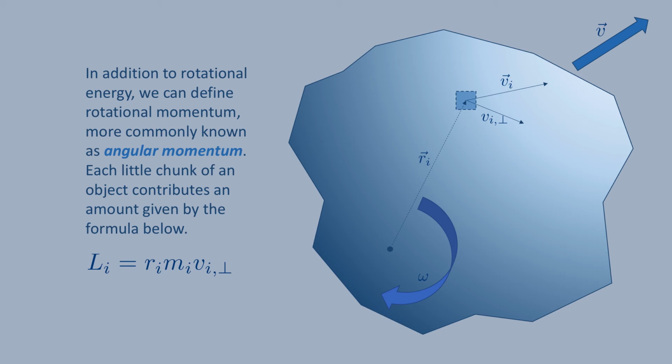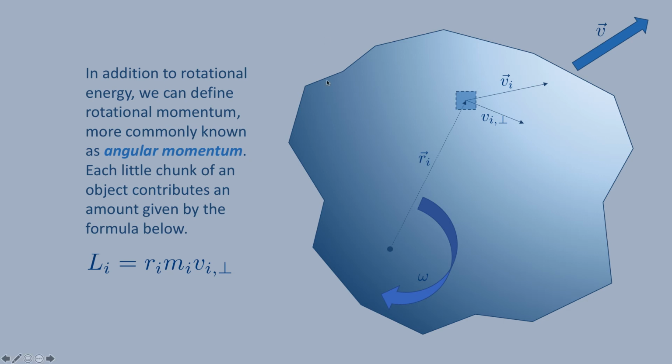That's because when an object is rotating, every little chunk of matter is moving with some velocity, and so it has some momentum to it. And if we add up all of the contributions, that gives us a new quantity, which we call its angular momentum.